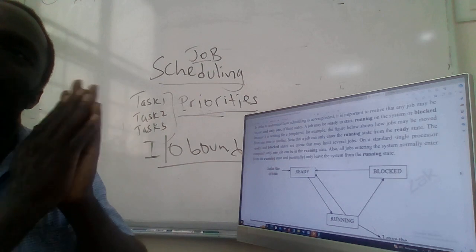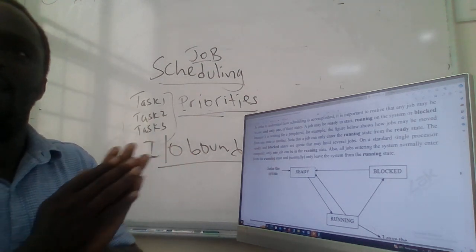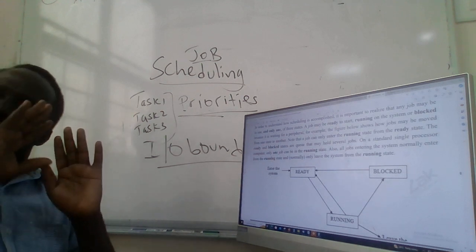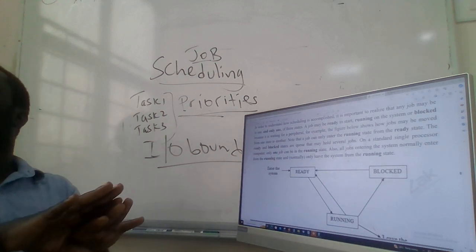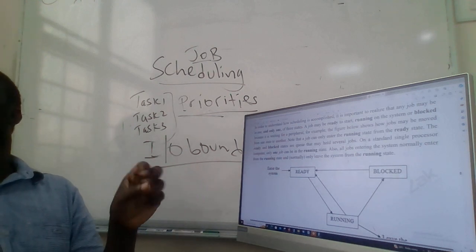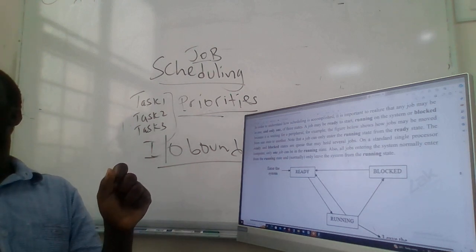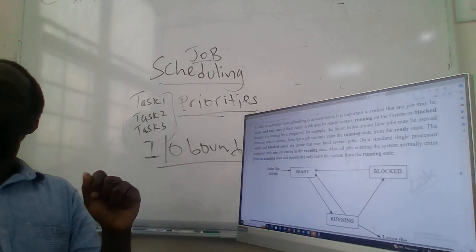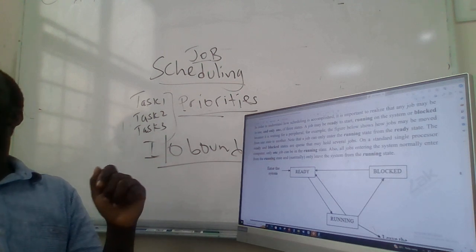If a job is in a ready state, it means this is a task which is ready to use the processor. It is ready to be processed. And where is it located at that time? If it's ready, it is in the main memory.